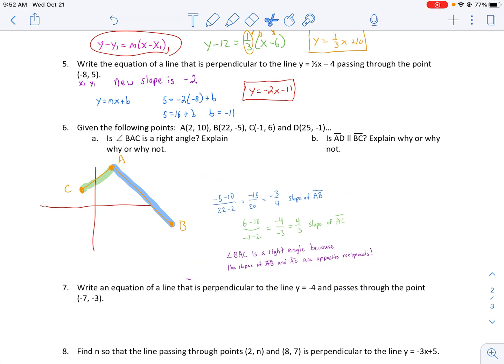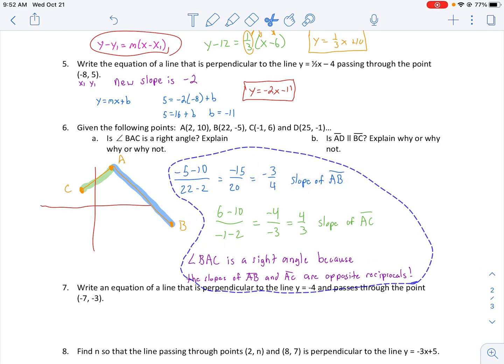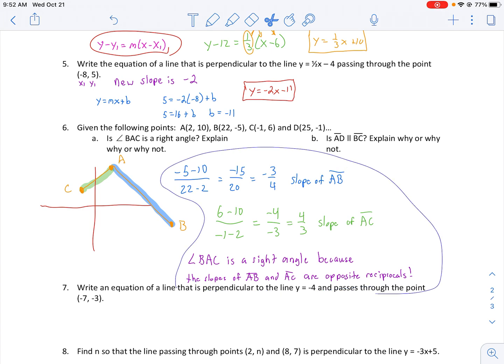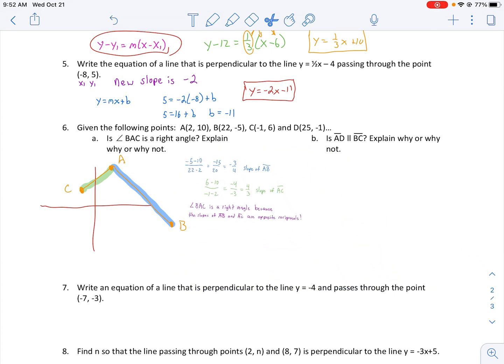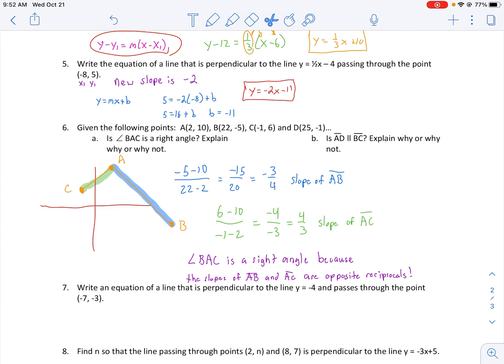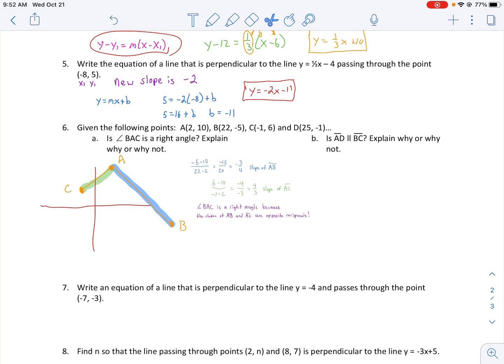I've got to shrink all this down so I have some space. All right, there we go. Now, is AD parallel to BC? So let's put point D on here.